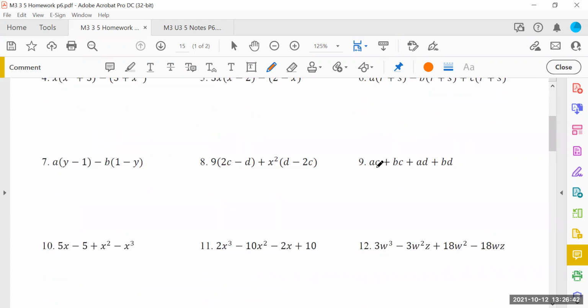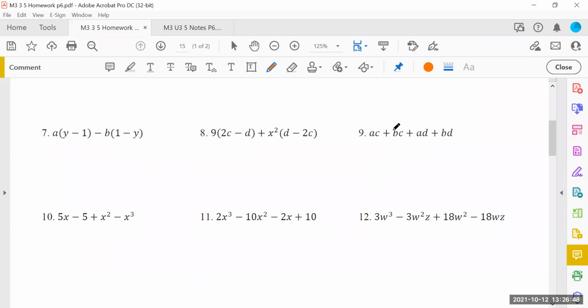Number 9, I know some of you don't appreciate it when it's all letters, but we want to be able to do this as well, and it works the same way. We're still looking for what the first 2 terms have in common. So what could we factor out of the first 2 terms? C. So we've got C, and then what was left inside the parentheses? A plus B. So C times A plus B. What about from the next 2?